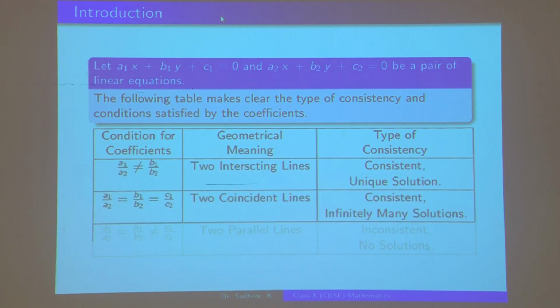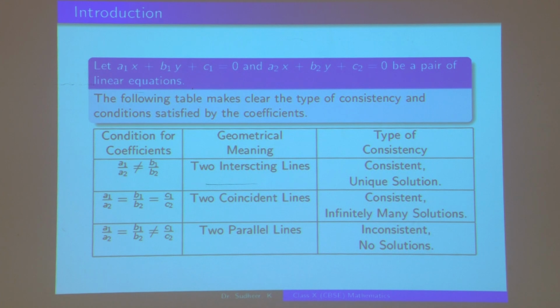And when you have two linear equations expressed in the form a1x plus b1y plus c1 equal to 0 and a2x plus b2y plus c2 equal to 0, you can have a relationship between the coefficients and the type of consistency and the geometrical meaning.